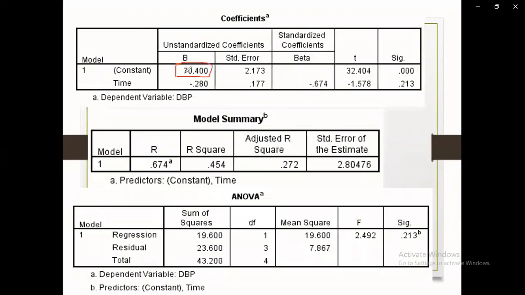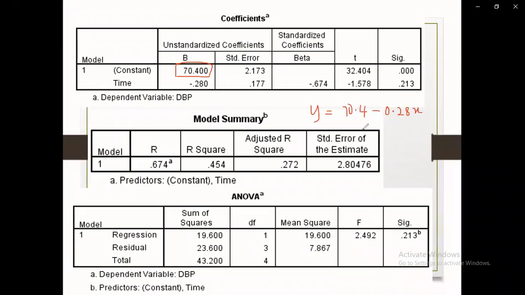The model was y is equal to 70.4 minus 0.28x. So this is the model we saw earlier.